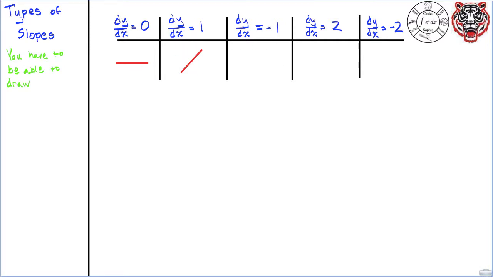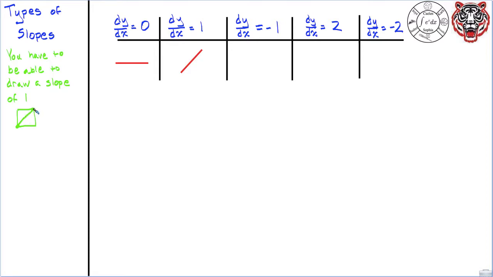I already started the notes out here by saying you have to be able to draw, and yes, that's true, you have to be able to draw a slope of 1. And if you don't know how to do that, think about a square. And think about going from the diagonals of the square.